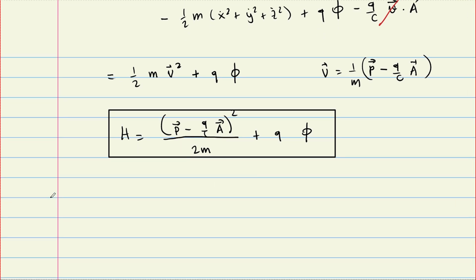Now we can write down the Schrödinger equation, H psi is equal to E psi. And now there's the question of what gauge invariance does to the Schrödinger equation, so let's write that and see.